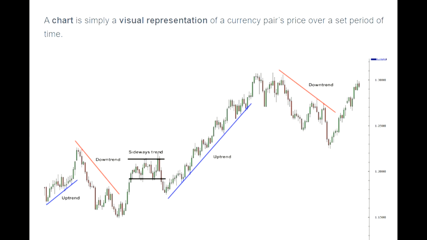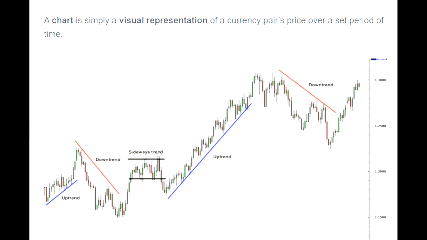So this is uptrend, downtrend, side trend. With the side trend, it means there are buy and sell movements going up and down, just in between these two lines. So these are your sideways trends. Then you have your prices here. These are the currency values, so you'll be seeing which currency is going up and which is going down.